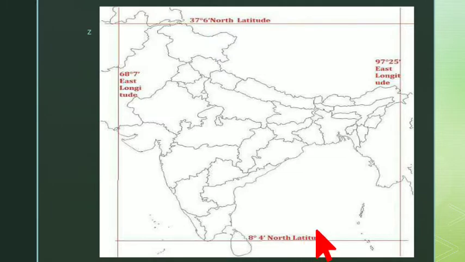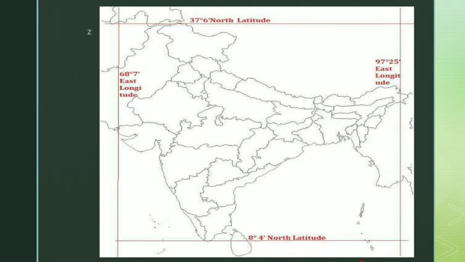Why? Because India is quite above the equator. Below the 8 degrees 4 minutes north, you have a 0 degree line running, and that is the equator. As the equator is below, India falls in the northern hemisphere, and that's why it starts from below, because the equator is the central part.